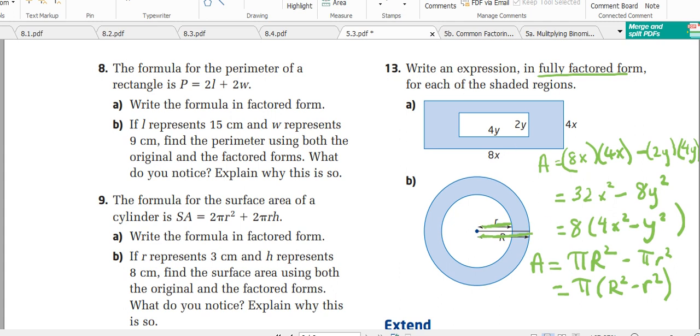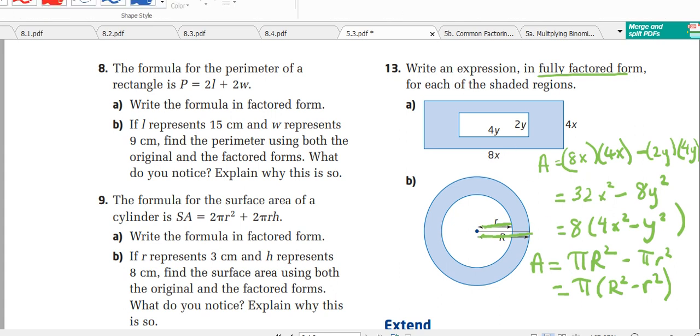But you could technically go a step further, knowing that 4x squared minus y squared, I can rewrite that as 8 equals, so it's going to be one plus, one minus.